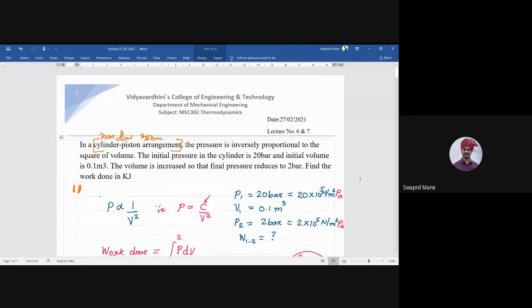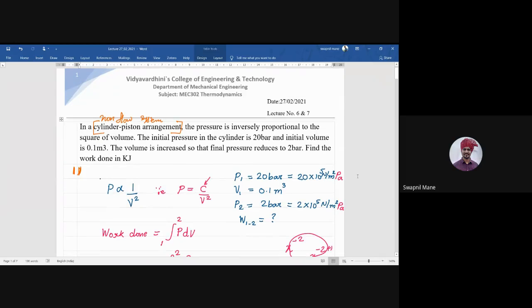Open system is where mass and energy both can leave the system, whereas a closed system is where energy can interact between the system and the surroundings, but mass cannot. Mass interactions are restricted, energy interactions are possible. In an isolated system, neither mass nor energy will leave or enter the system.